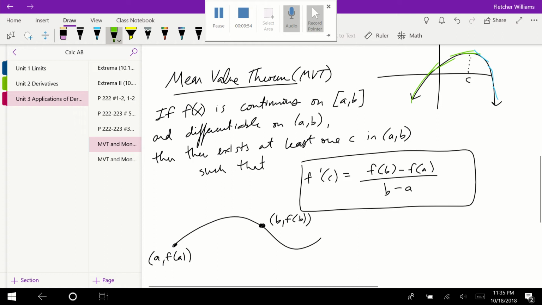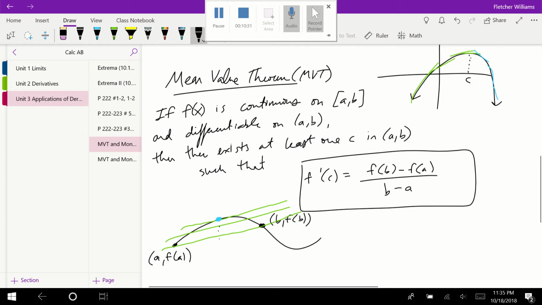Well then, if we want to know the slope of that secant line that connects the two of them, we get it by taking f(B) minus f(A) over B minus A. That's our formula. So this theorem is saying that there must be one point, at least, such that we could take our green line in this case and just push it up, and you'd actually find there's a point on the curve itself.